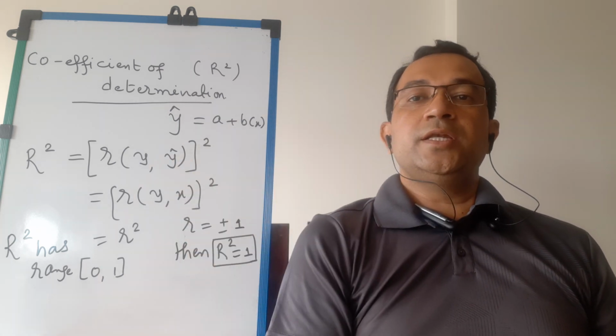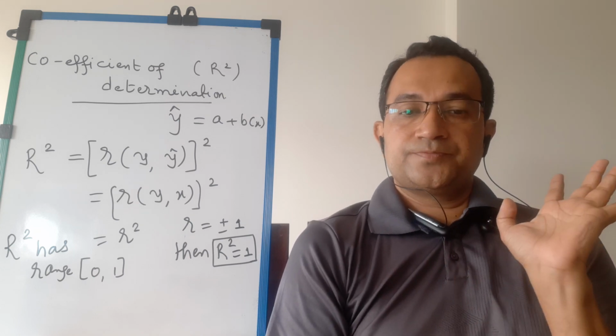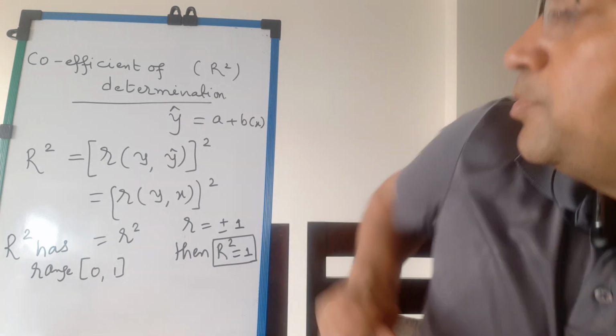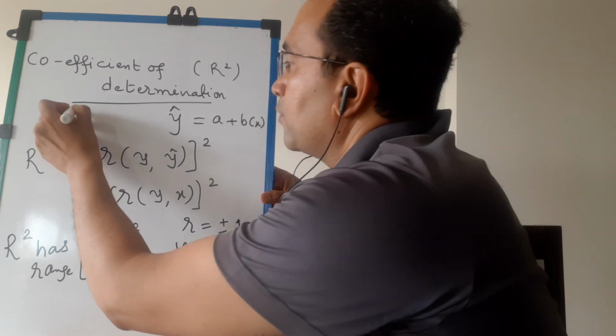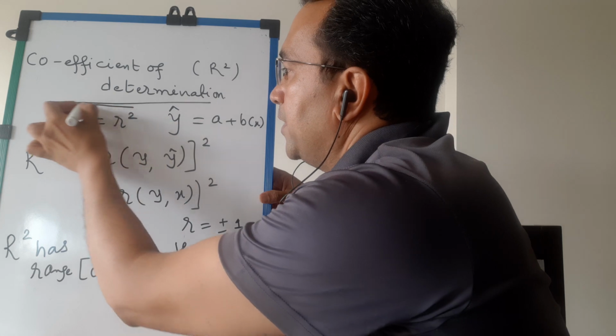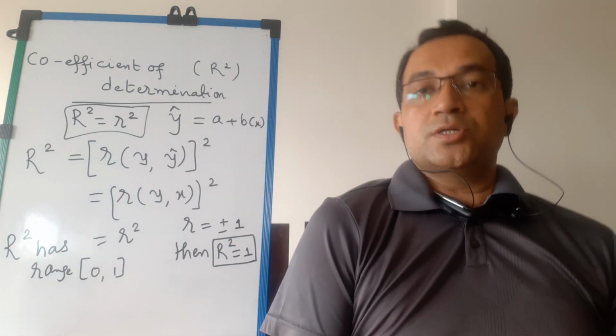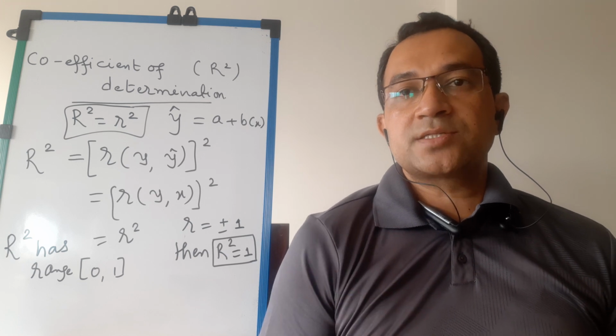The answer will lead us to coefficient of determination. So in simple means, the formula of coefficient of determination is simply R square, where R is nothing but correlation coefficient between, students, variables x and y.